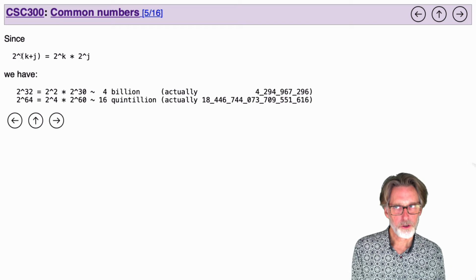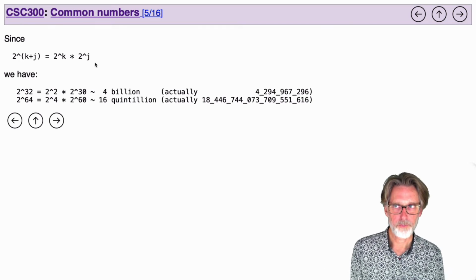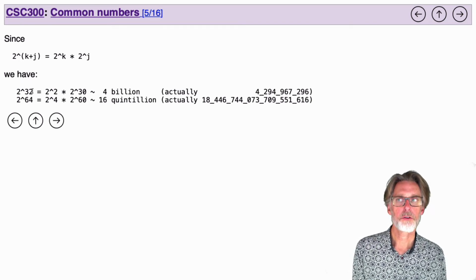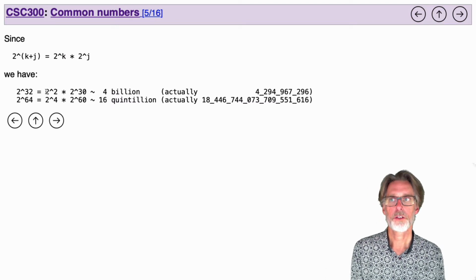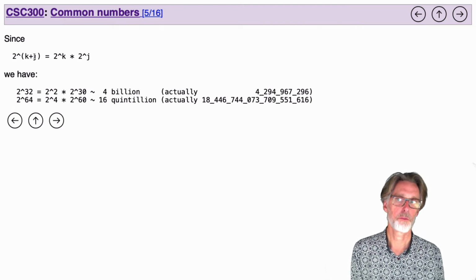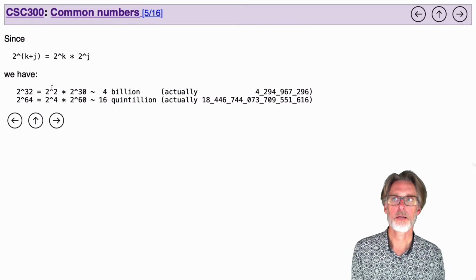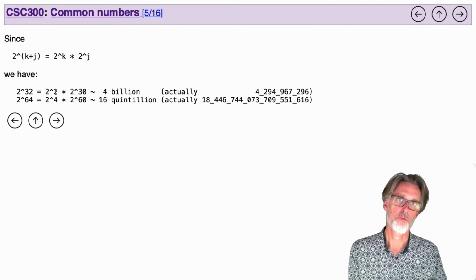Since the exponential distributes in this form, let's think about 2 to the 32. 2 to the 32 is nothing but 2 to the 2nd times 2 to the 30th, because 32 is simply 2 plus 30. How can I use that? What's 2 to the 2nd? Looking back on our table, it's just 4.